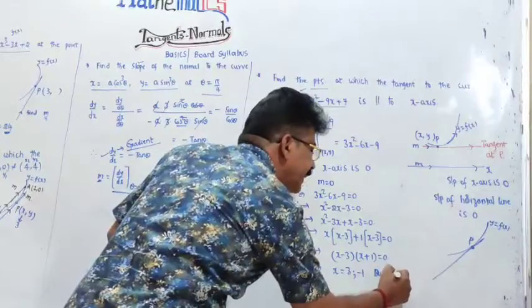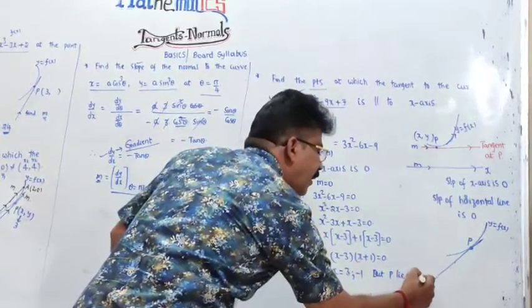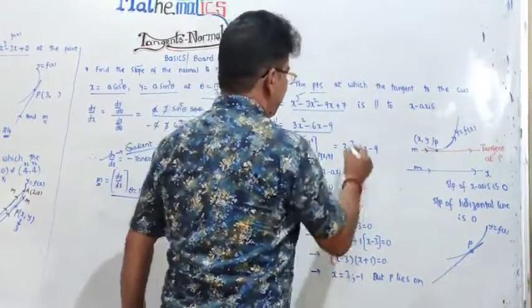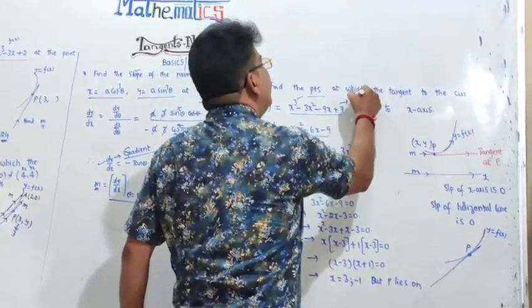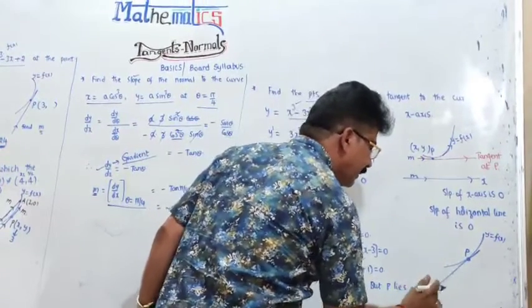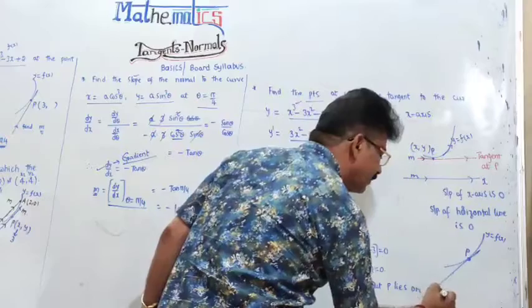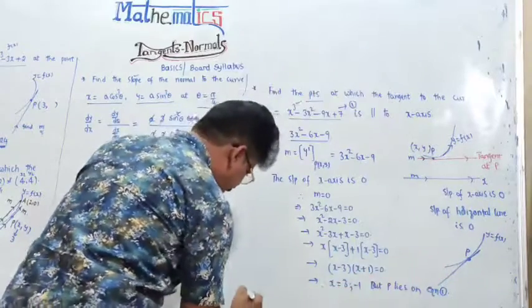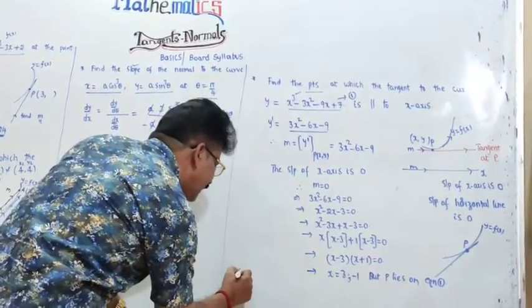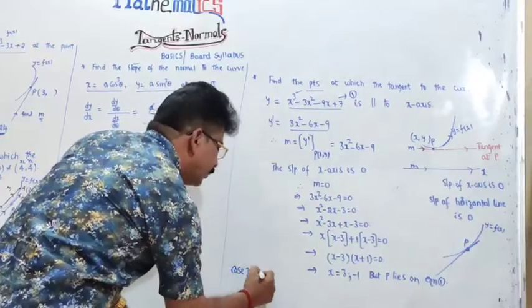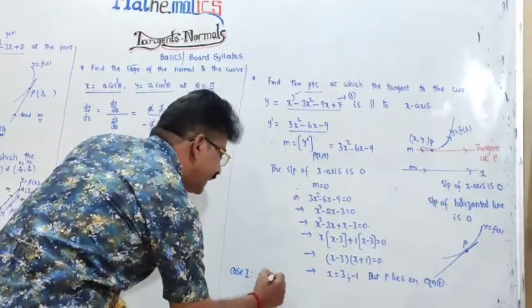So therefore, capital P lies on equation number 1. Let it be equation number 1. So first, case 1. What is that? Case 1: x equal to 3.